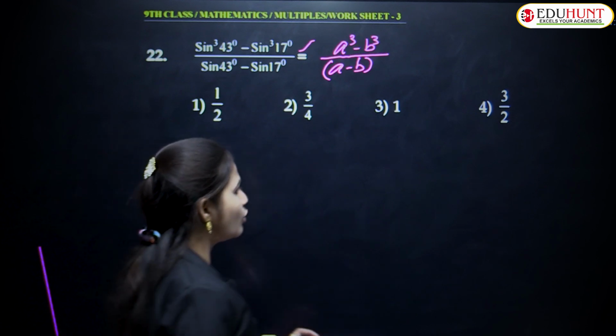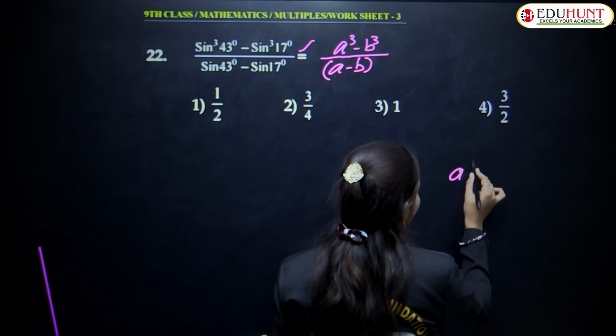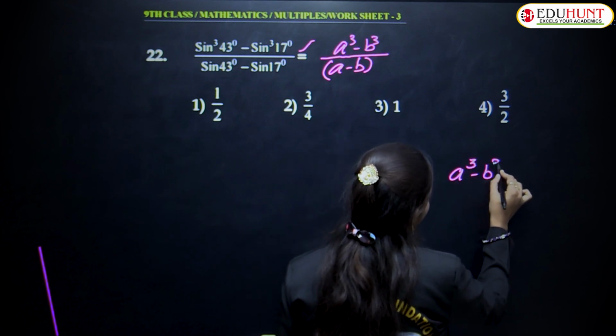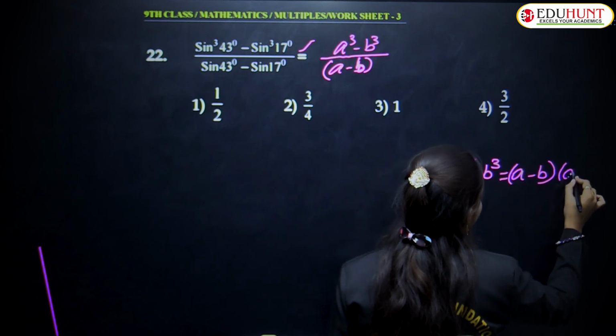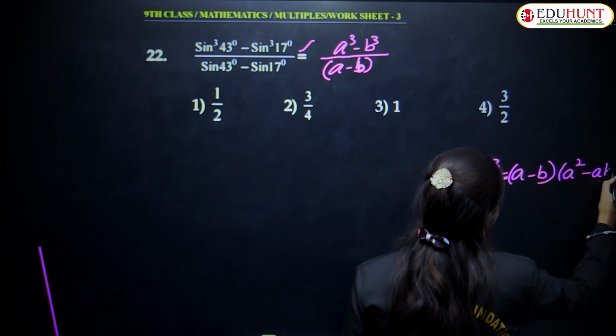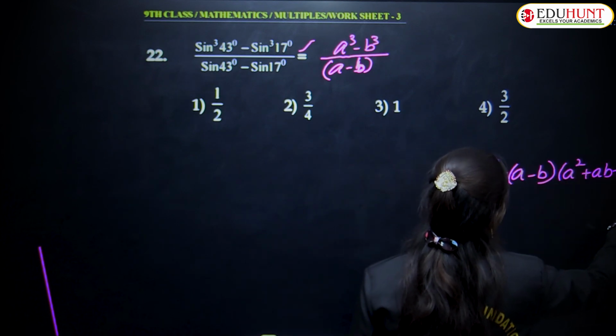What is the formula for a cube minus b cube? a cube minus b cube is (a minus b) into (a square plus ab plus b square).